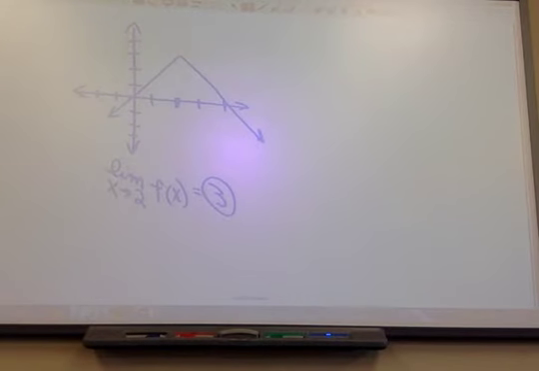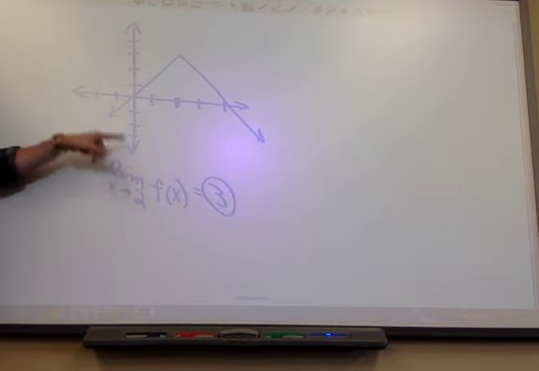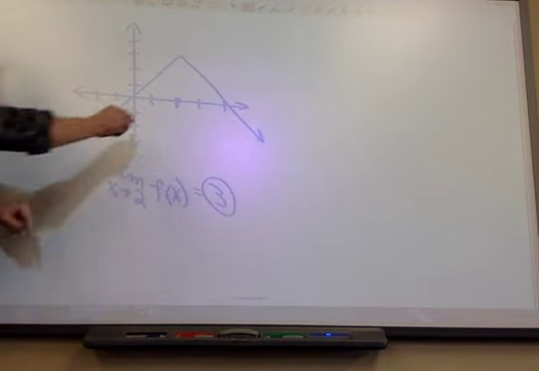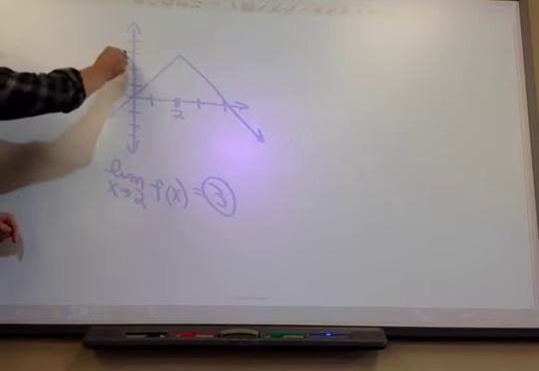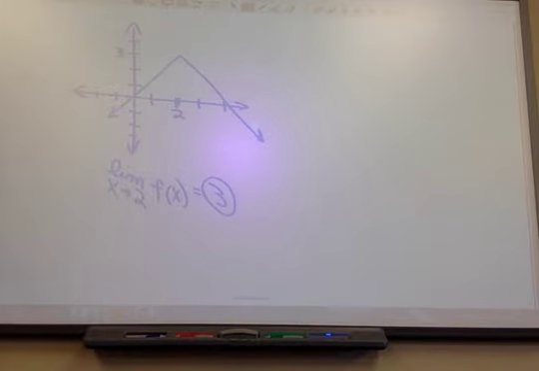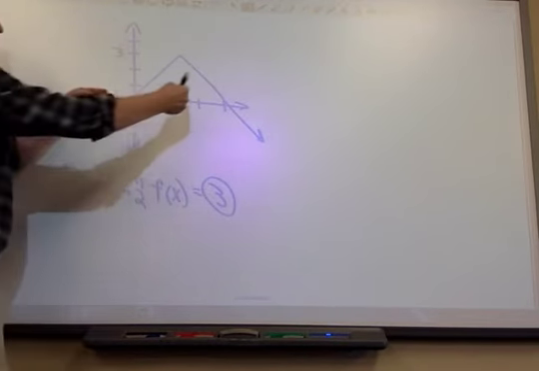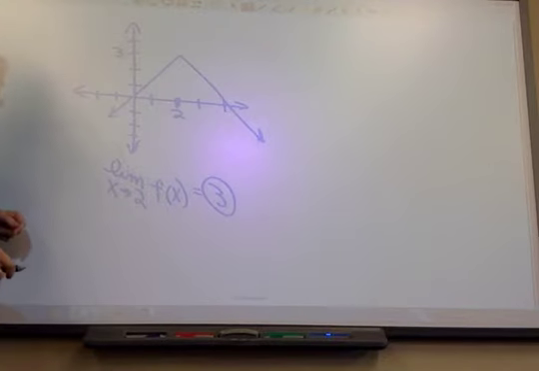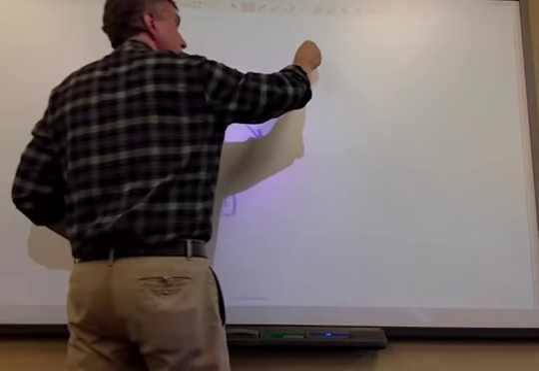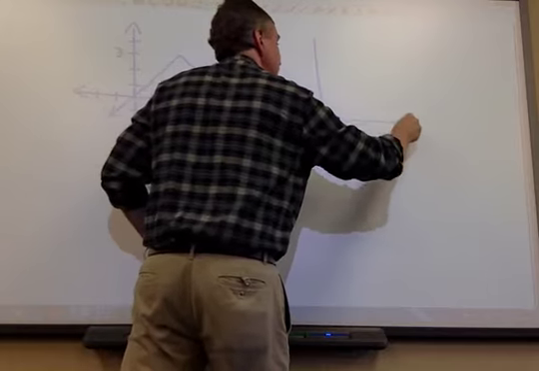Does that make sense? As my x gets closer to this number, there's 2, the y gets closer to 3. Have to look at both sides. If I gave you this one, you know how sometimes we were doing piecewise functions?